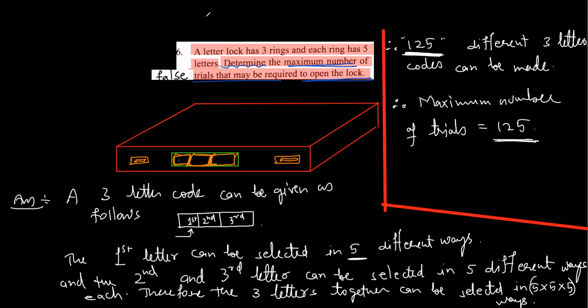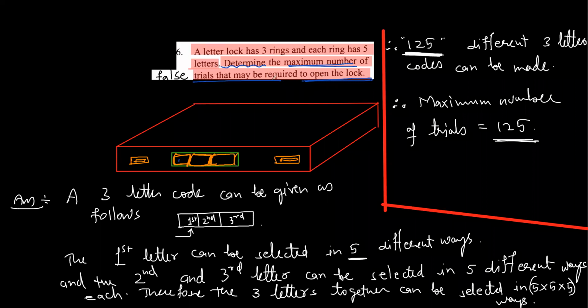See, students, if there is a small change in the question, the same question slightly modified: determine the maximum number of false trials that may be required to open the lock.